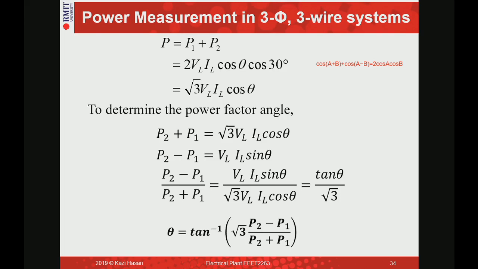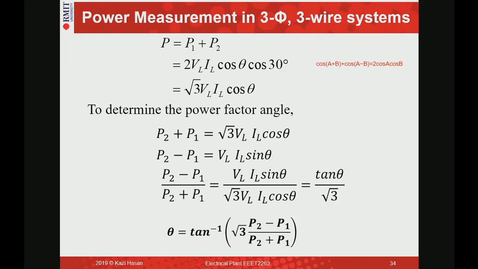So theta is tan inverse of root 3 times second wattmeter reading minus first wattmeter reading, divided by second wattmeter reading plus first wattmeter reading. This is to determine the power angle from these 2 wattmeter readings. So 2 formulas to remember.